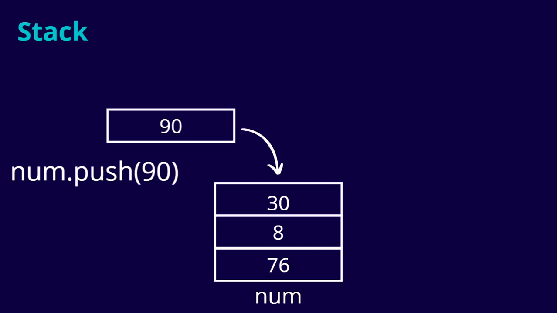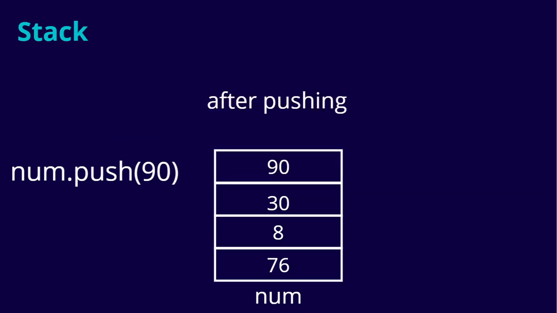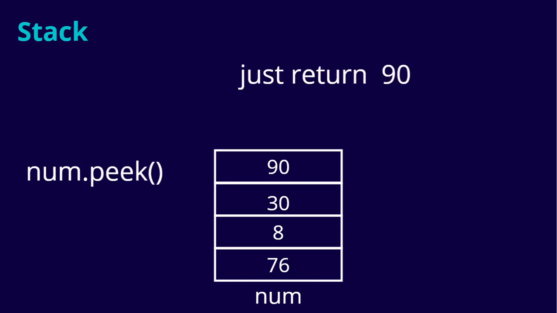So I give 90, num dot push 90 will push 90 to the stack, and the rest will look the same: 90, 38 and 76 will be the result. And num dot peek will return 90, just returning the value of the top element without removing or adding anything.